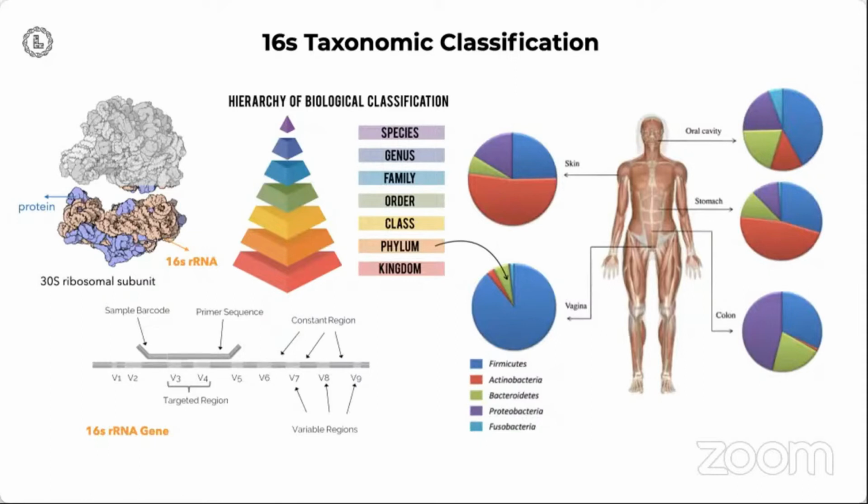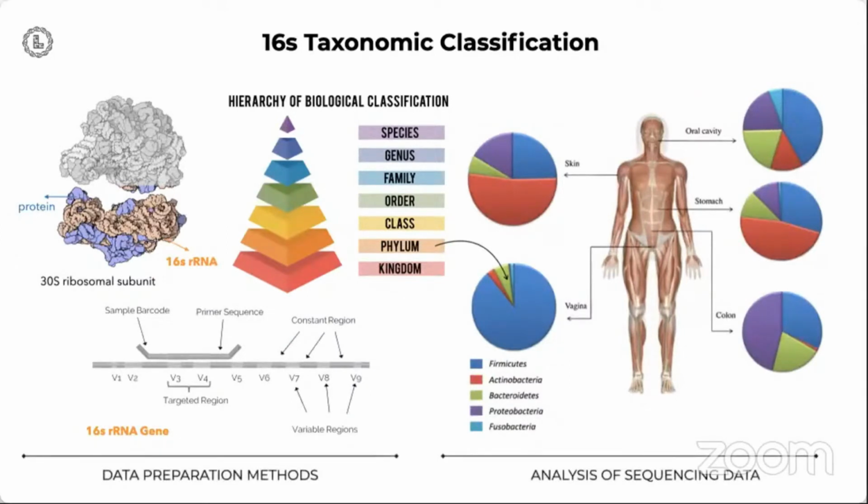And each community can be studied by comparing with others between similar or different conditions, or between different individuals, or between different states of these individuals, for example, healthy and obese, or people with autoimmune diseases or not. So these analyses will include an in-depth understanding of data preparation, reference databases, and analytical approaches to, for example, formulate hypotheses or answer specific questions based on what we are identifying from these taxonomical classifications.